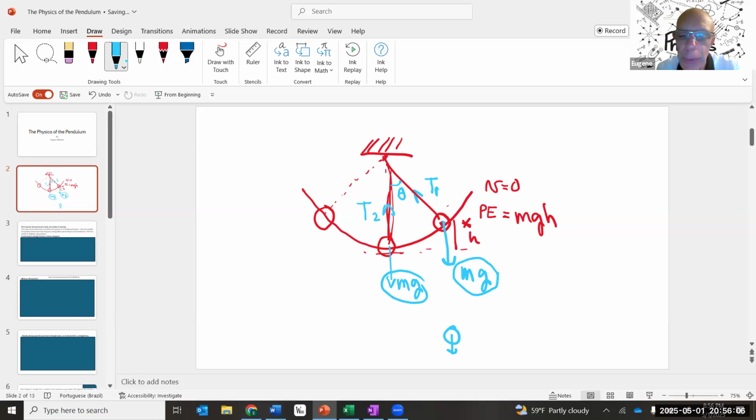So if I put my axis this way, Y and X, the component of mg is going to be what? Cosine theta, right? mg cosine theta is going to be equal to T1. So is mg cosine theta greater or less than mg?